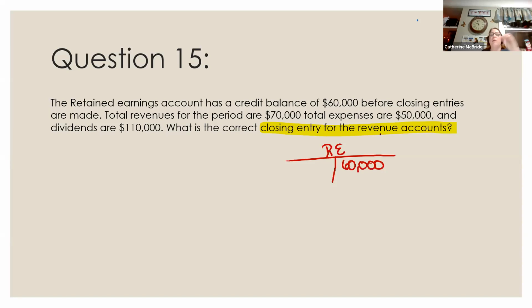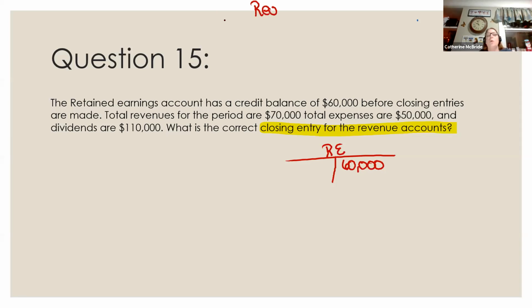We only need to close the revenue accounts. In the real world, we're not just going to close revenue in one lump sum. We're going to close every single individual revenue account, otherwise they won't be zero. But all we know here is that revenue for the period is 70,000.